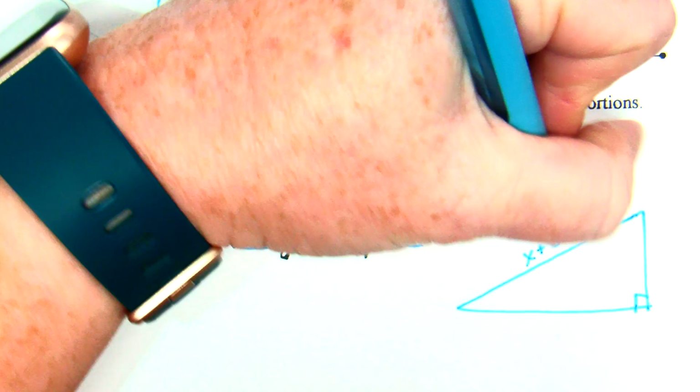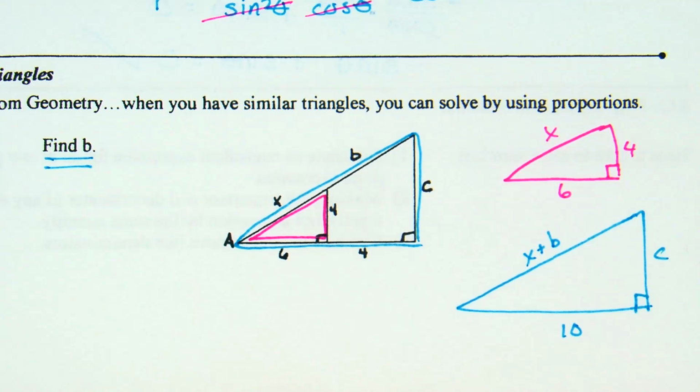How do you guys set up your proportions? There are various proportions we could write here that would work.